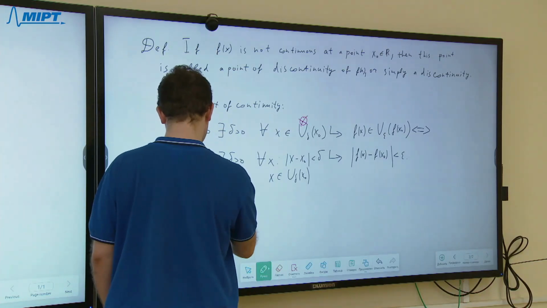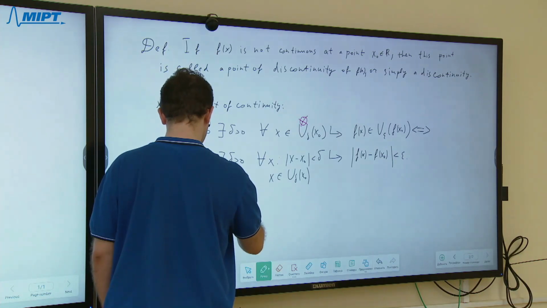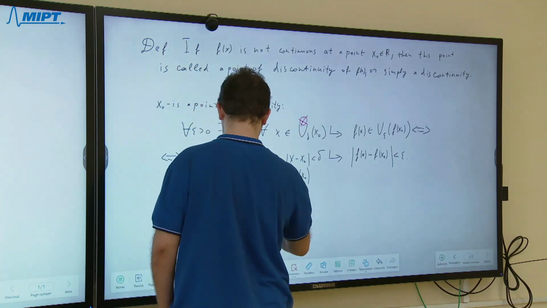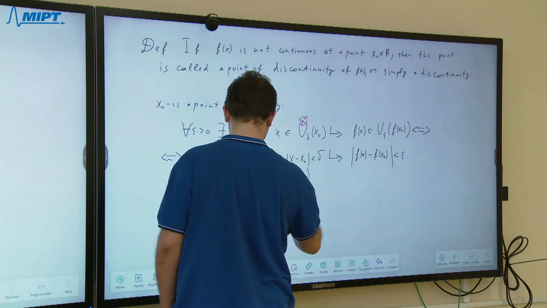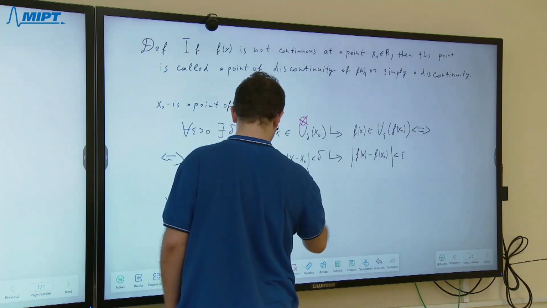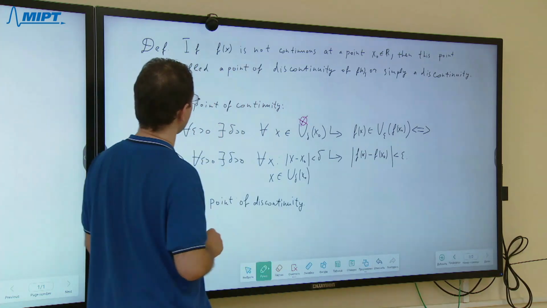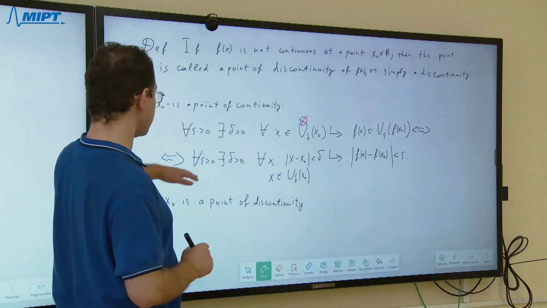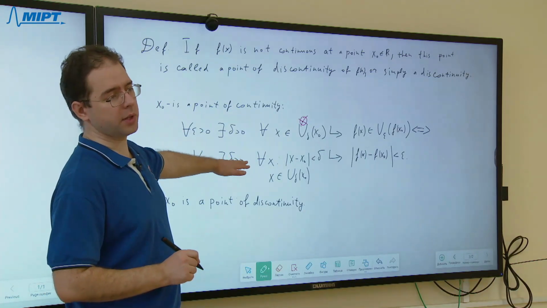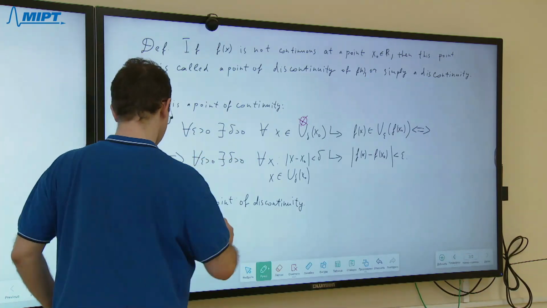Let's write that x0 is a point of discontinuity, since I call it that way. So I'm just negating this statement. So this statement is not true.